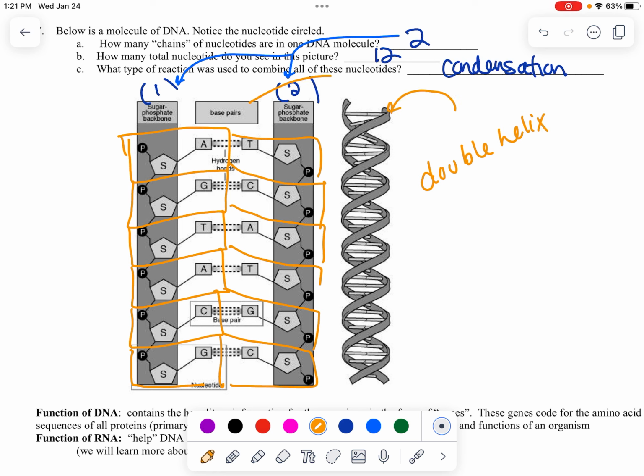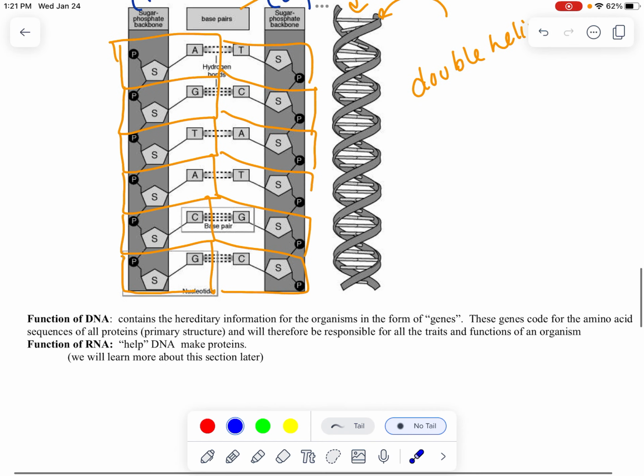So this will twist into that. How many nucleotides do you see in this picture? I did them all in orange. There are 6 here and 6 nucleotides here, and they pair together in a ladder. Condensation put them together, and that's called a double helix. That's about as far as we're going to go, just the structure of DNA and RNA.